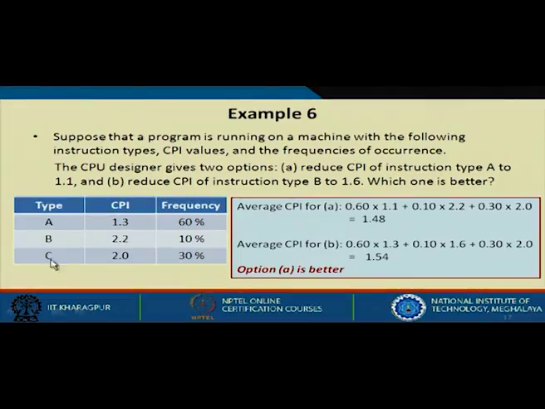So, in that case you will get a better result, even if you are reducing certain CPI to a great extent, but that is not executed as much. So, you see that type B has a frequency of execution of only 10%. So, in that case even if you reduce it to 1.6, you are not getting a better result compared to when you reduce A to just 1.1.